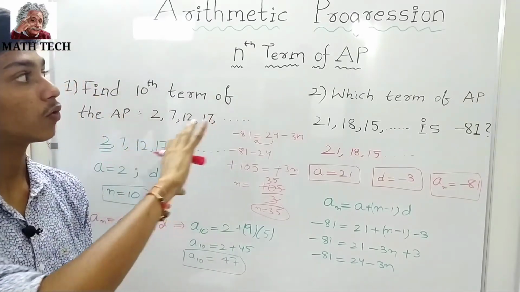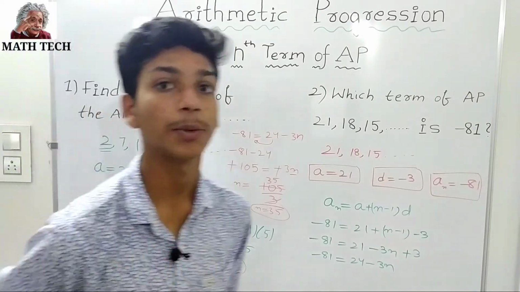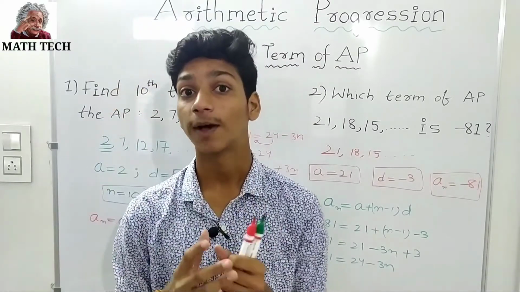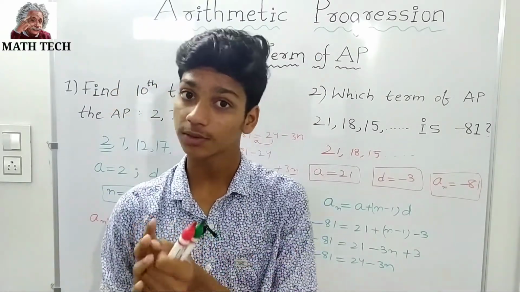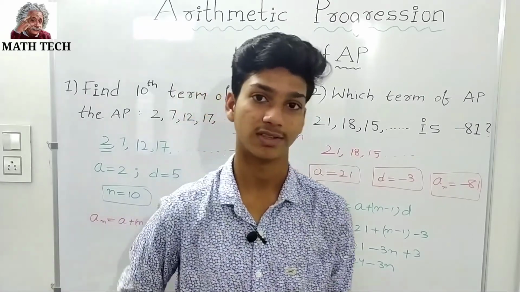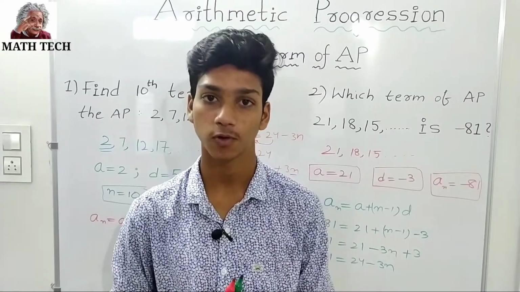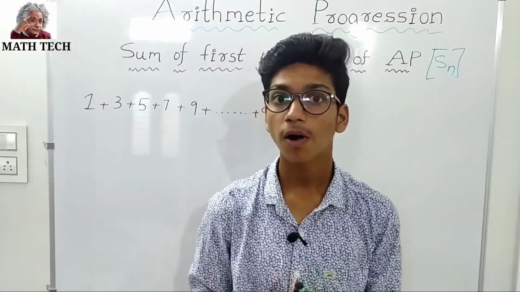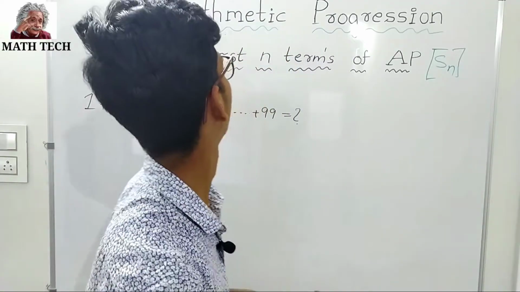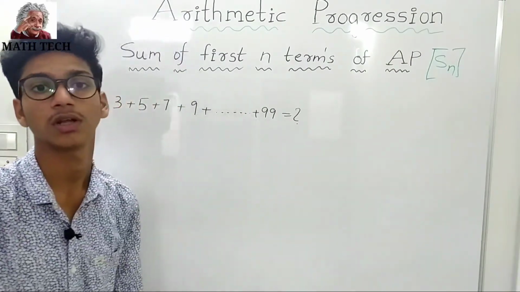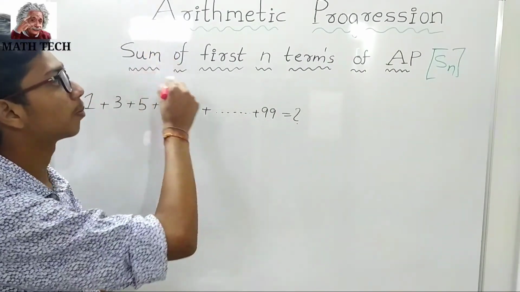So this is a way of finding the nth term of arithmetic progressions. Now let's move to the concept of the sum of n terms of arithmetic progression, the sum of the first n terms of AP. Why do we use the sum of the first n terms?